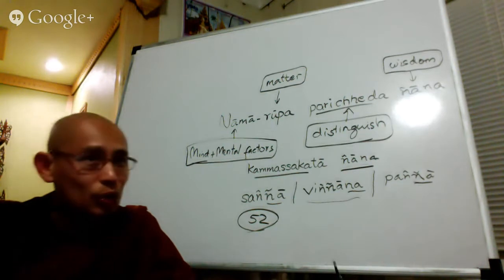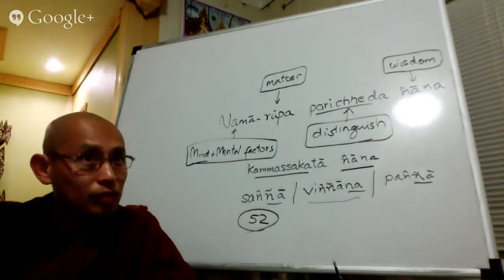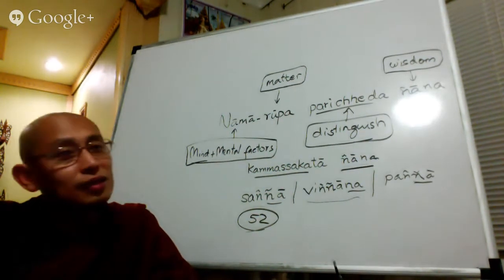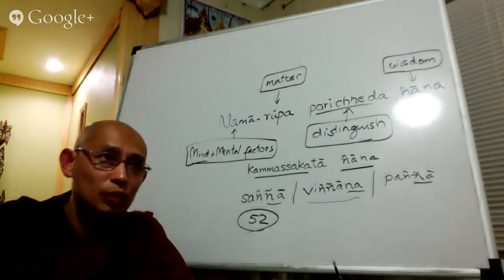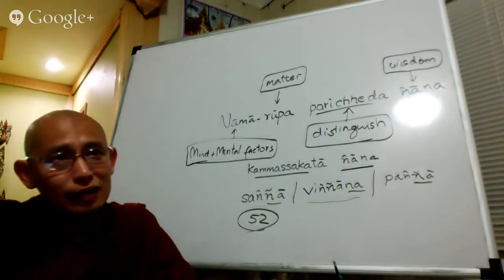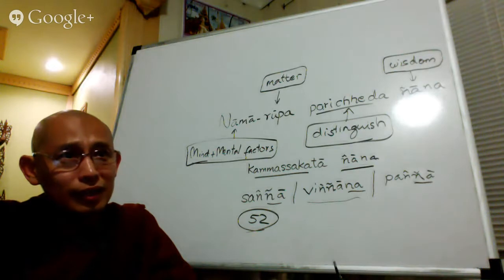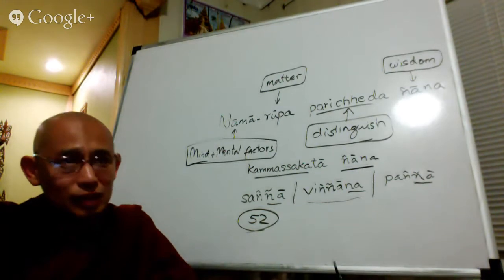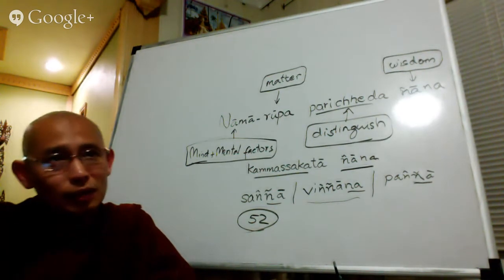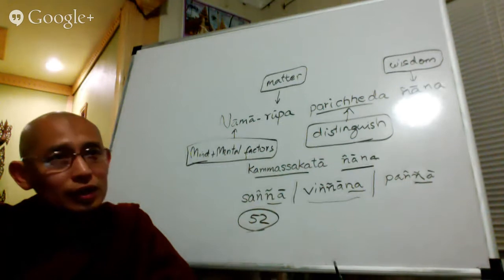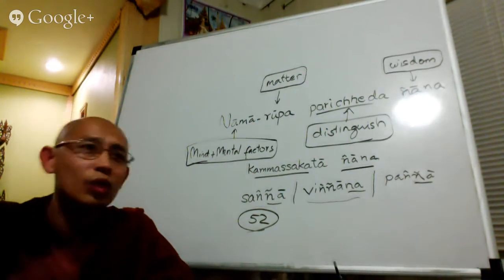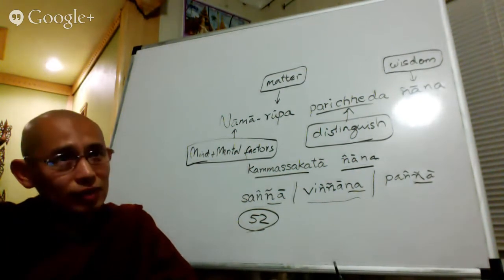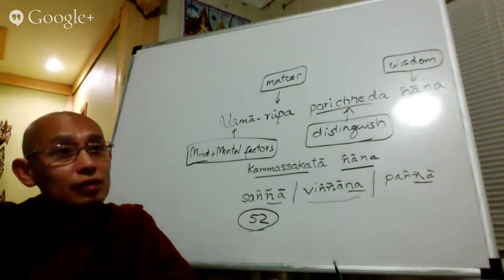Without the first level, we cannot learn the second level directly, because the Buddha teaches systematically: the easy way and then the difficult way. Based on the easy way, we go to the next step without difficulty.